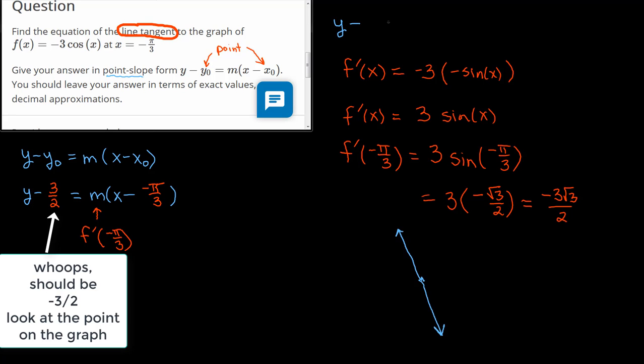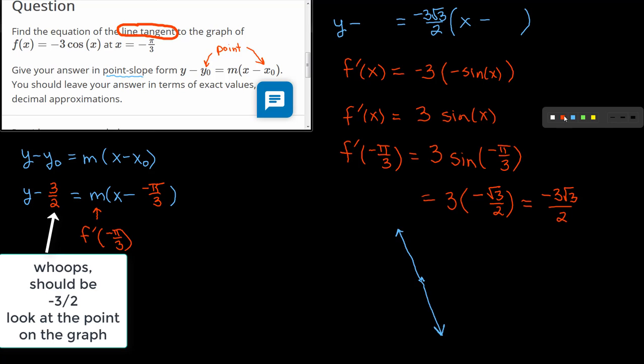y minus, and I'll have a blank. I'll fill that blank in later because I want to use colors. And then we just found the slope. The slope is negative 3, the square root of 3 over 2. And then we multiply by x, and then minus, and then there's that.